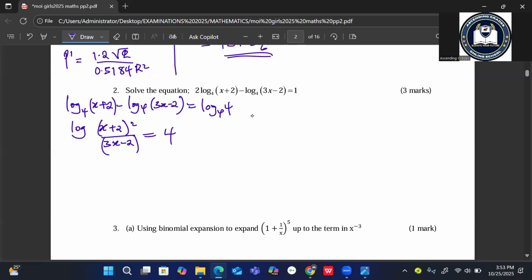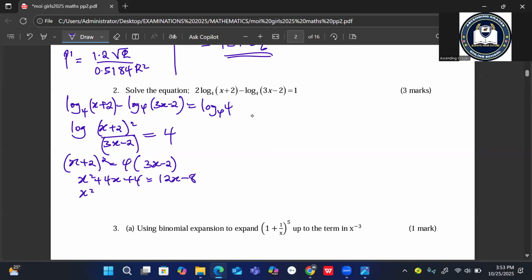We have x plus 2 squared will be equal to 4 into 3x minus 2. So we open up: x squared plus 4x plus 4 will be equal to 12x minus 8.